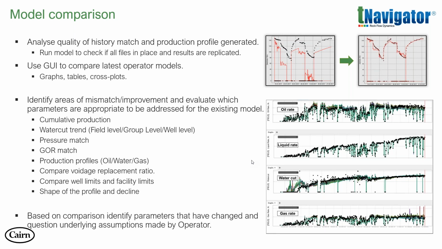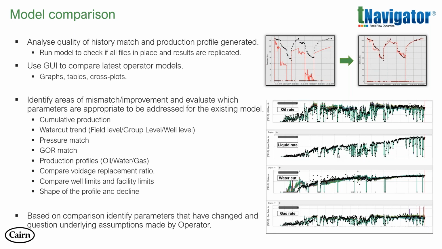The voidage replacement ratio is quite key as well. You just have to quickly look and see if the model is not over-injecting and we are having an optimistic profile or not, or under-injecting and we are having a pessimistic scenario in that case.